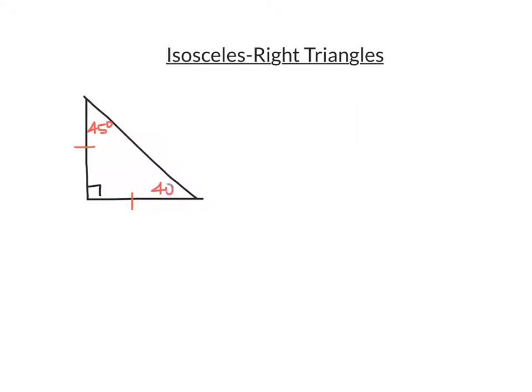And actually, this has a special name, 45, not 40. There's a special name for this, and it's called a 45, 45, 90. All right, that's how they refer to these triangles. And so not only do we know that the 2 angles are 45, but there's a special relationship that exists between the sides all the time. So if these 2 legs, let's say, we don't know what they are, but we know they're congruent.